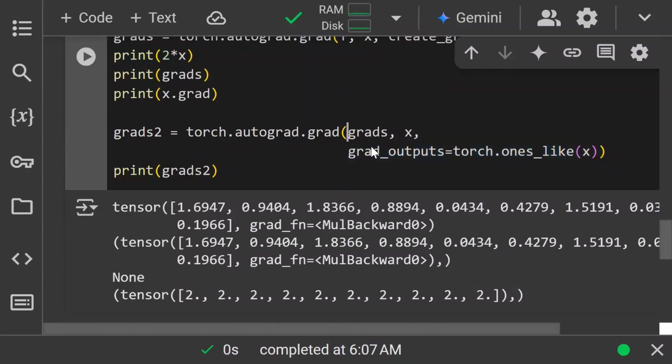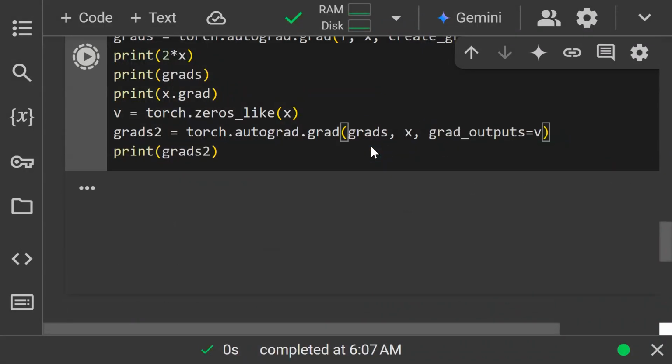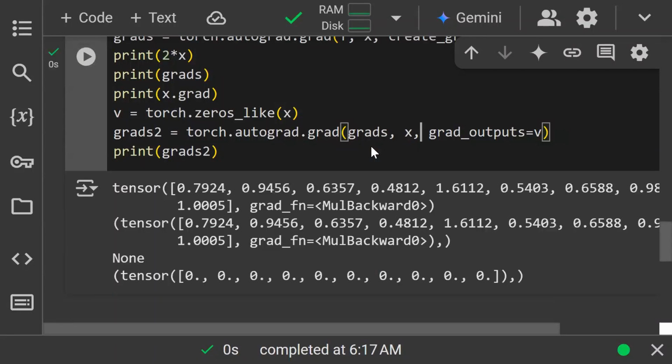With that being said, my v doesn't have to be that. For example, if I set my v to be torch.zeros_like x and put v over here, then I'm multiplying 0 by a Jacobian, which will give you zeros.